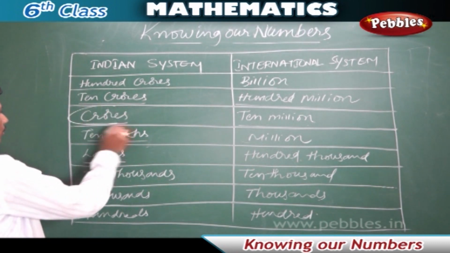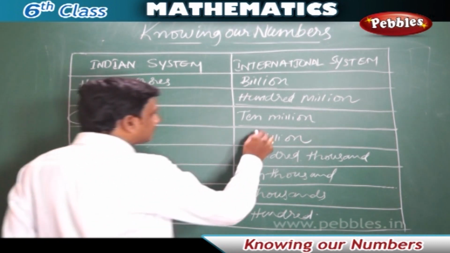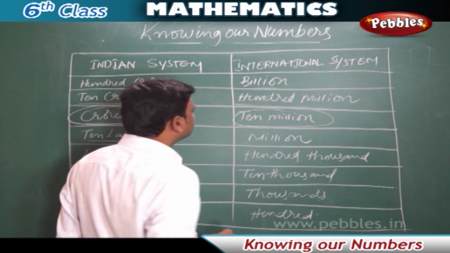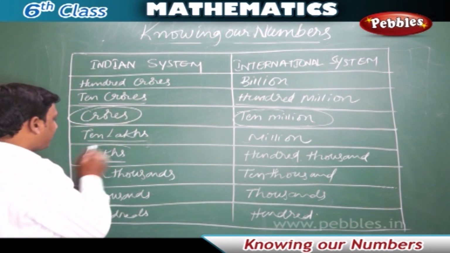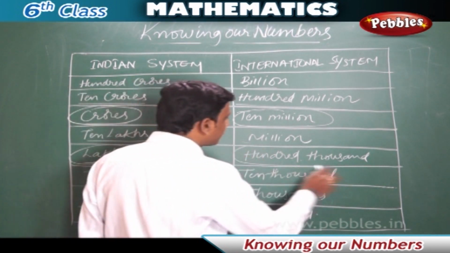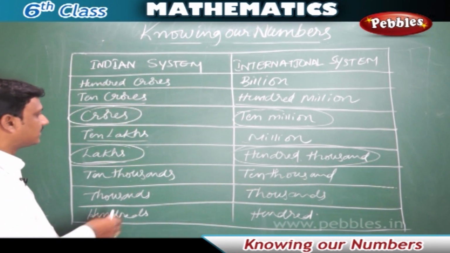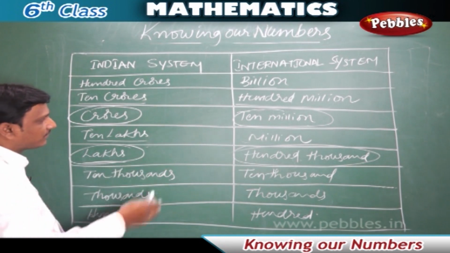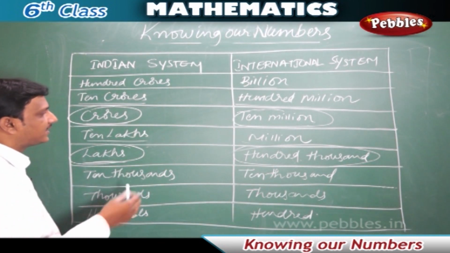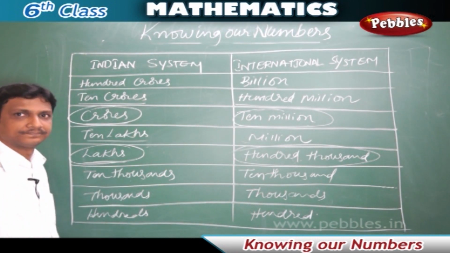So 1 crore in the Indian system is 10 millions in the international system. In the same way, 1 lakh is equal to 100,000s in the international system. So at these places we find the difference between the Indian and international systems.